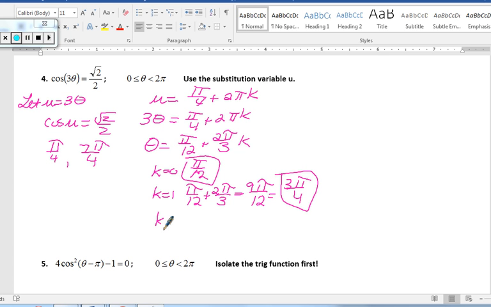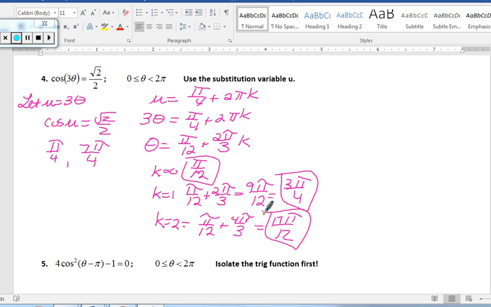Then I can keep going. What happens when k is equal to 2? That gets us pi over 12 plus 4 pi over 3, which is 17 pi over 12.